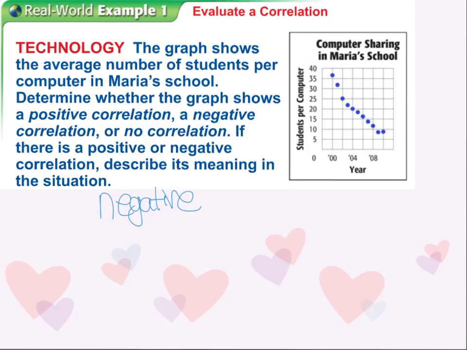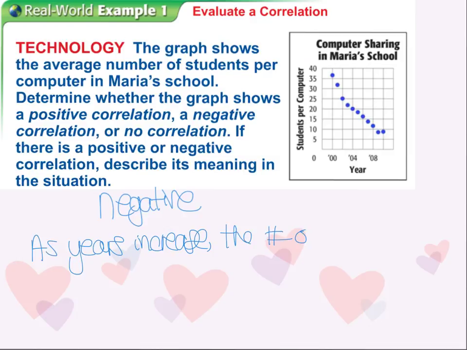So our interpretation of it, or describing the meaning, is going to be: as years increase, the number of students per computer decreases.